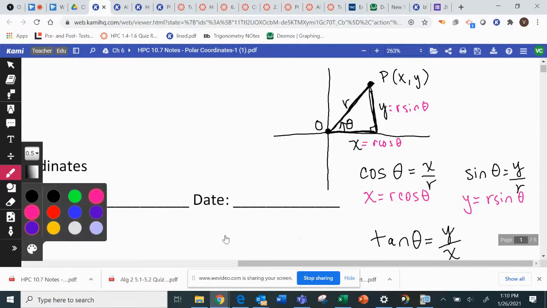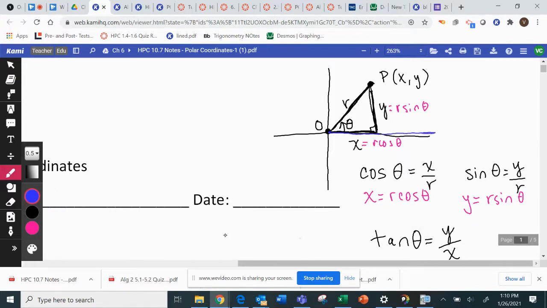Well, it's actually one, but what we're going to do is have, let's see what color, blue. This one right here is going to be called the polar axis. And then this point right here is going to be called the pole.